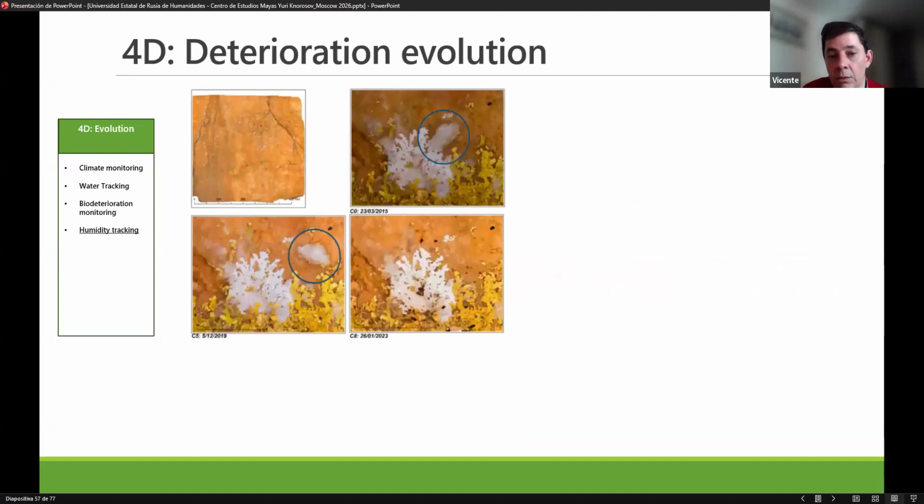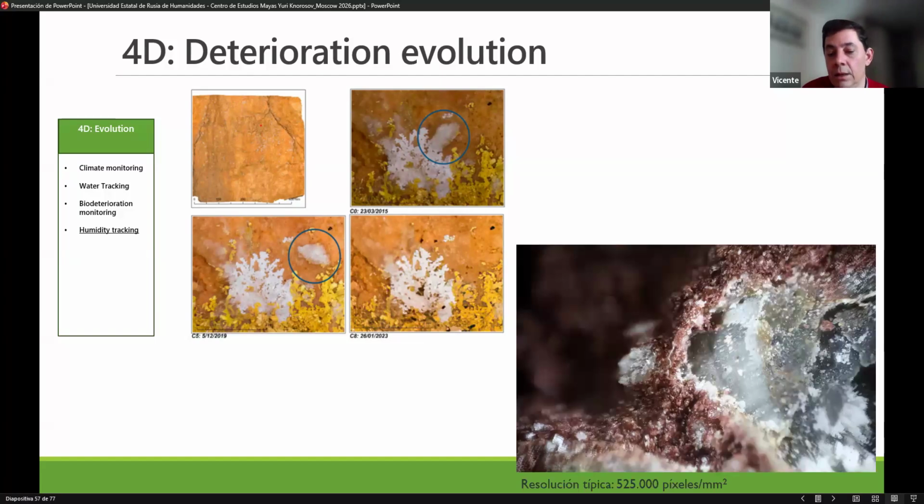The same applies not only to the deterioration of art, but also to biodeterioration. All the abiotic parts I talked about at the beginning, and all the living things, have to be controlled. Here you have very high resolution. The resolution of the picture is around 10 microns pixel size, okay, 10 microns.